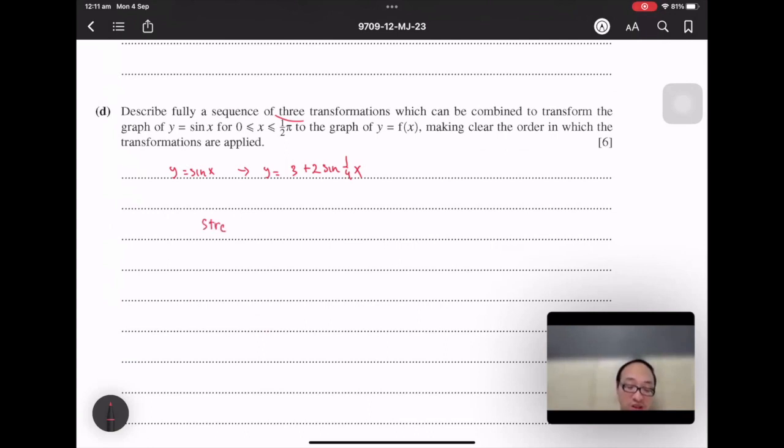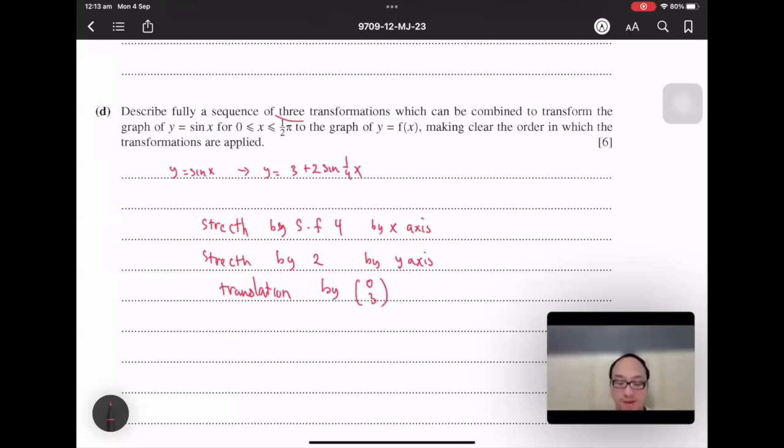So it's stretch by scale factor of 4 in the x-axis direction, and then stretch by 2, sorry, in the y-axis direction, and then translation by (0, 3). That's it.